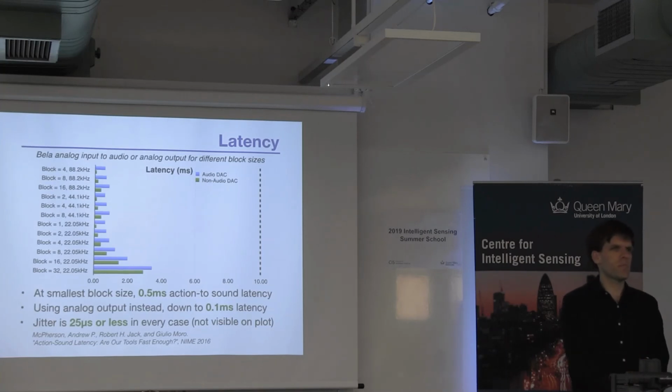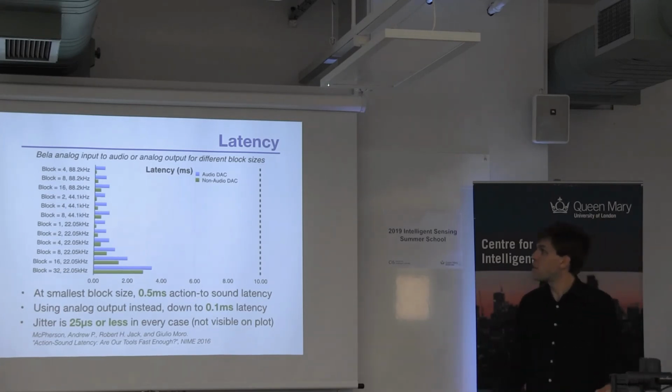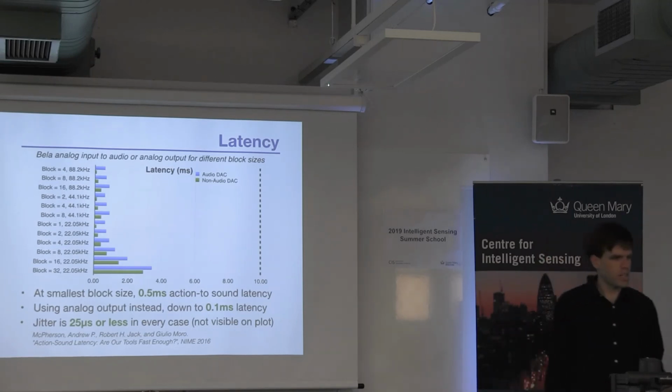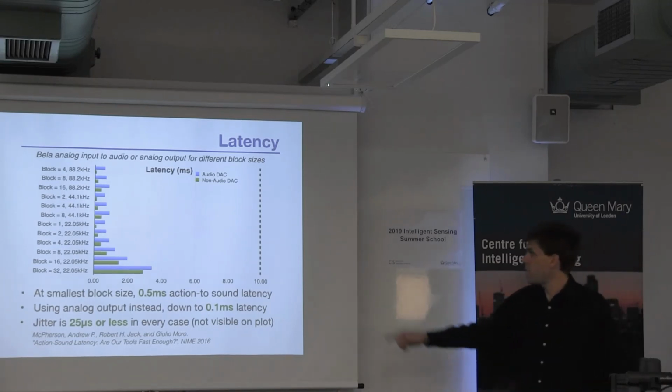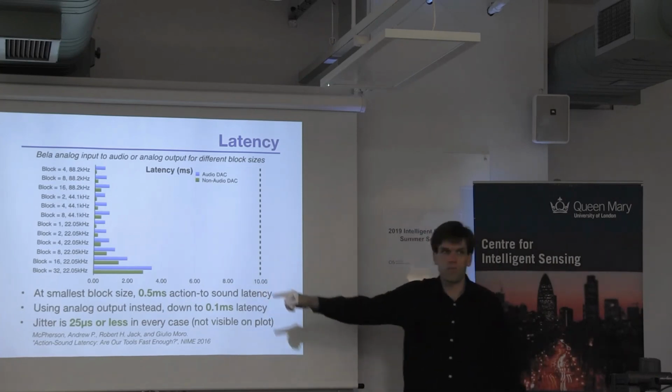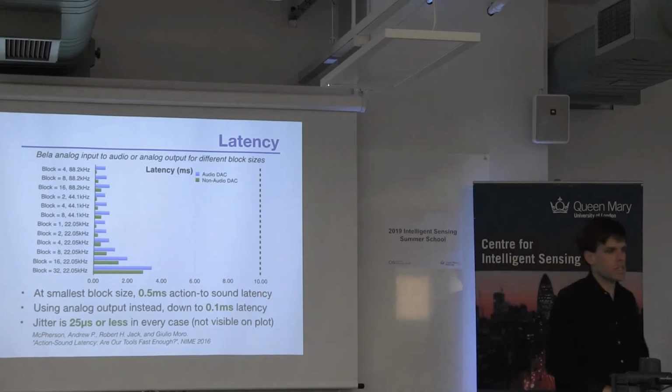This is an example of some of the performance that comes out of that. You can see the lower bars are better: the smaller the bar, the shorter the latency. Against a baseline of 10 milliseconds out here, you can see that all of the Bela settings are substantially shorter than that.